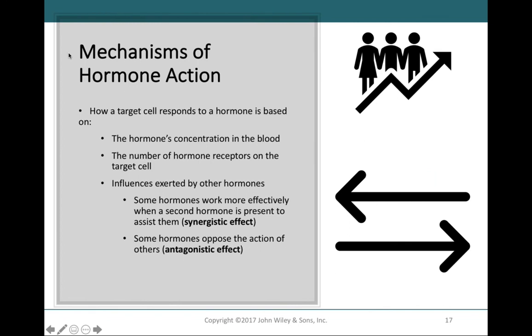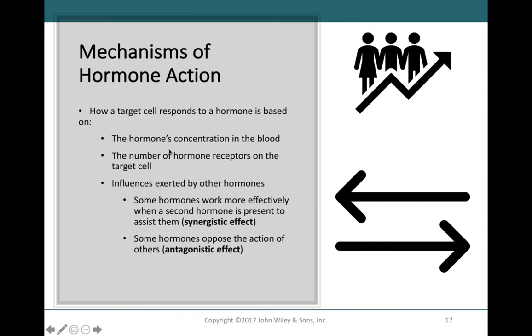So now that we have a good understanding of how hormones travel from their endocrine organ to their target cells, we can now put a little bit more emphasis on where those target cells are and how those target cells work. So you can see on this slide that there are several factors that affect how target cells respond to various hormones.